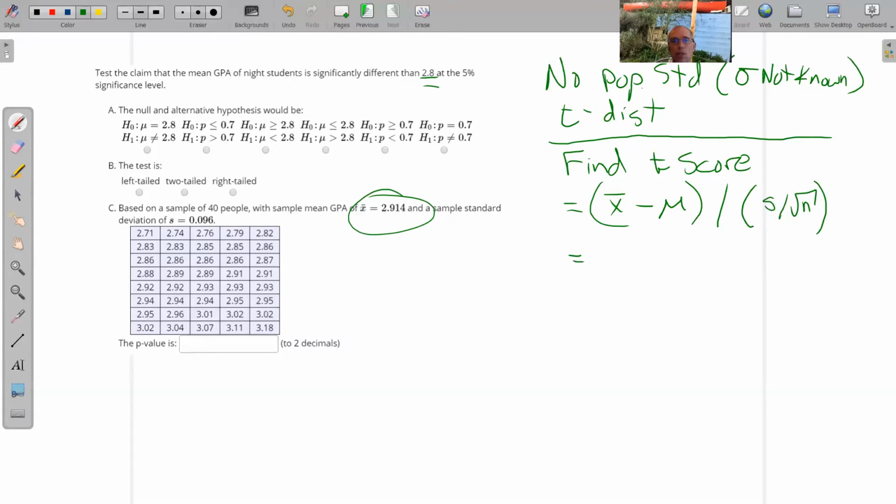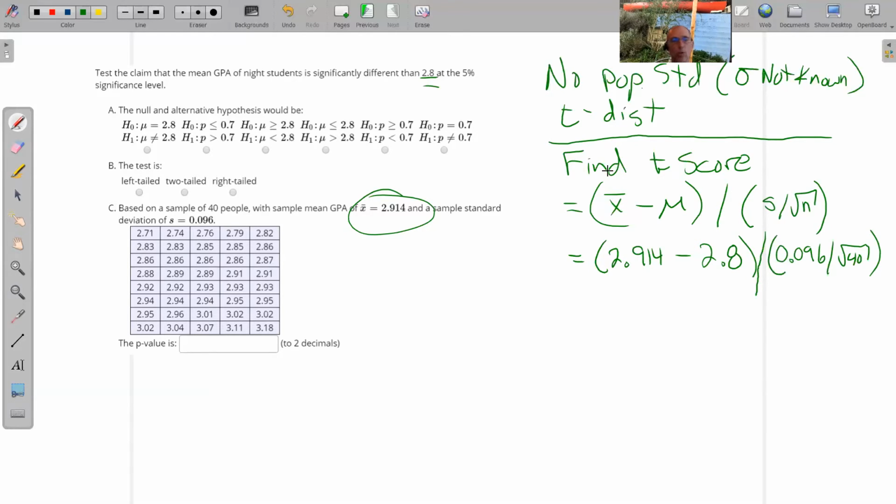So for me, that means I need to take that 2.914 minus the questionable population number there, 2.8, and then divide by the sample standard deviation, 0.096 over the square root of 40. And all of these parentheses are necessary in between. Sometimes this is written stacked, but I like it not stacked because that's the way it goes on calculators.